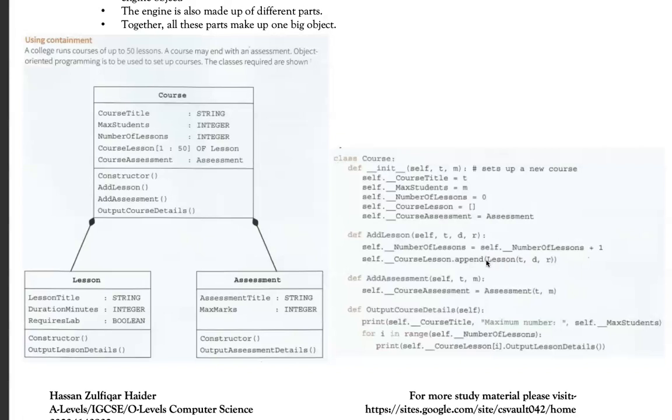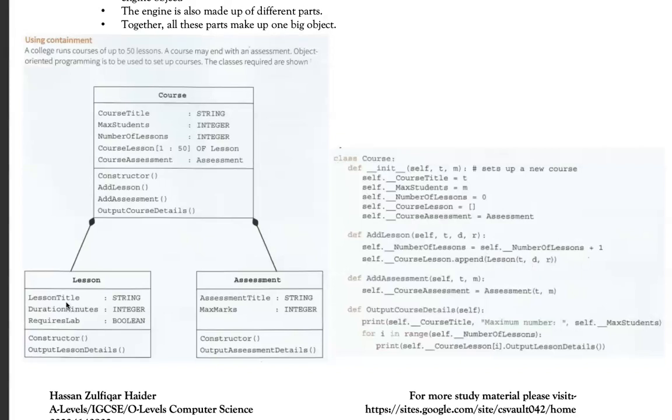So both assessment as well as lesson classes have to be defined before the course class definition. Okay, and of course that's not shown here, but this is the lesson constructor being called, and the constructor will require three parameters, C, D, and R.